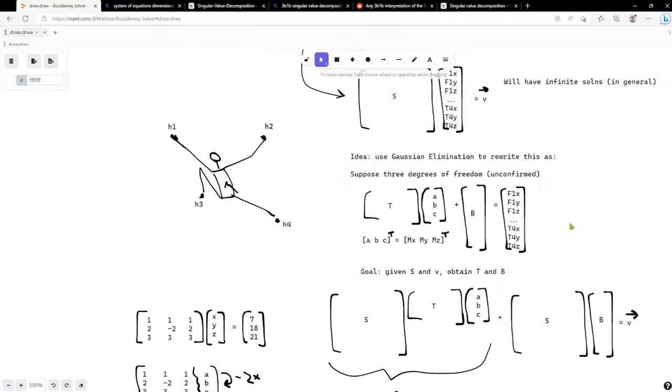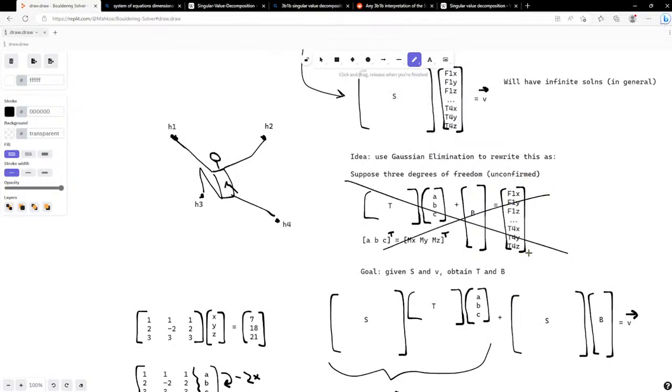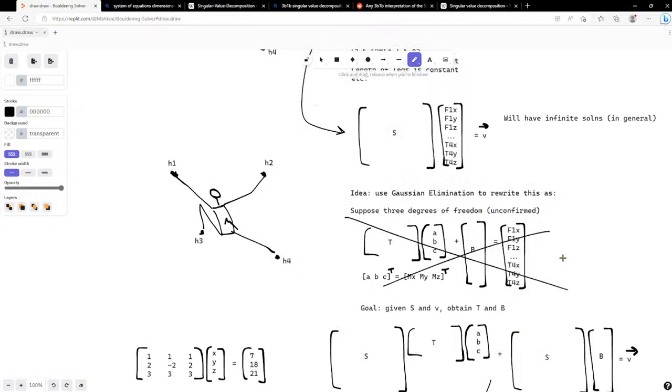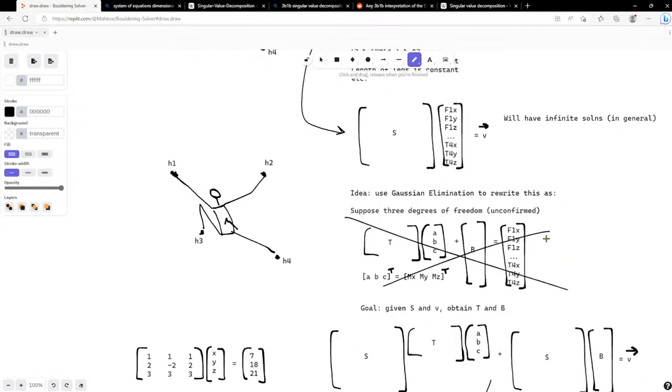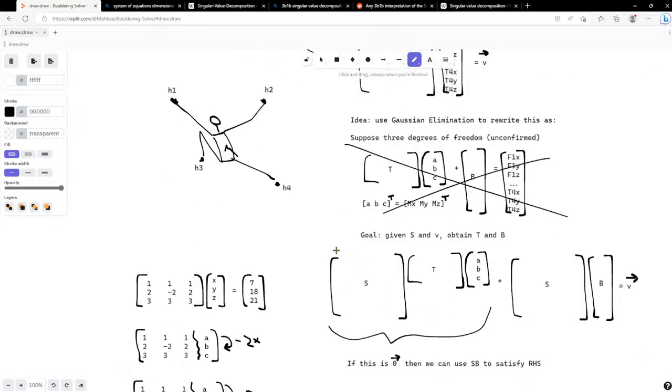Now what'll happen is, so this, I think we're just going to get rid of that, because there will be some way to compute this vector based on a, b, c. But that will only be true, I think, if we can make this identically 0, this expression here.